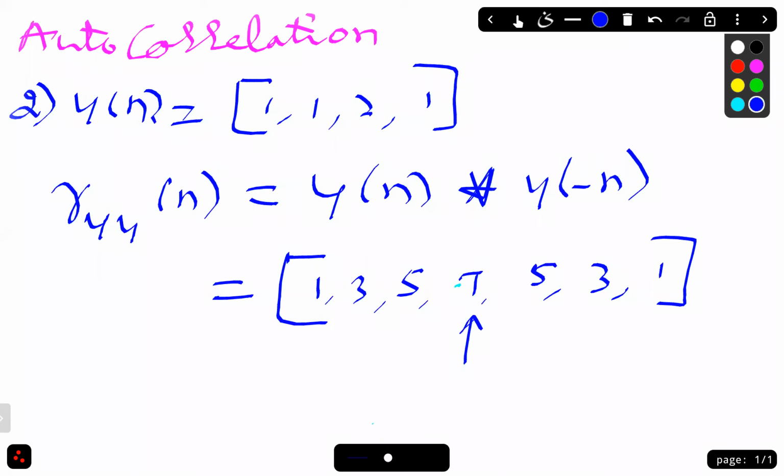So that is the conclusion out of this. Understood? Any doubt here? Any doubt? No sir. Okay, let's take the next question.